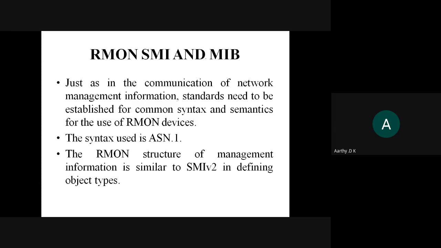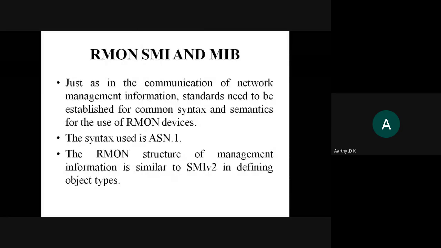So for SNMP, we have this ASN which gives you the syntax and semantics. So how the data is transferred, what kind of syntax it follows, and when you are transferring it, what kind of encoding is done such that the data doesn't get tampered. So likewise, your network monitoring also follows the ASN syntax to do the transferring of data.